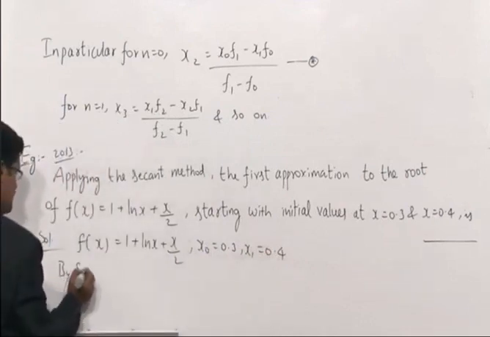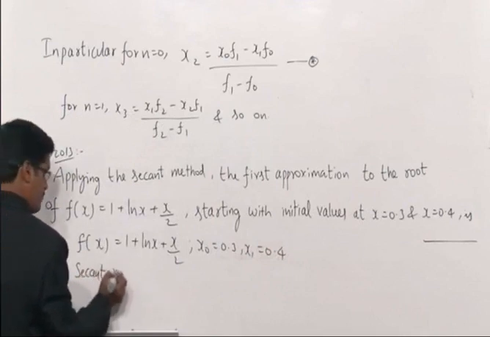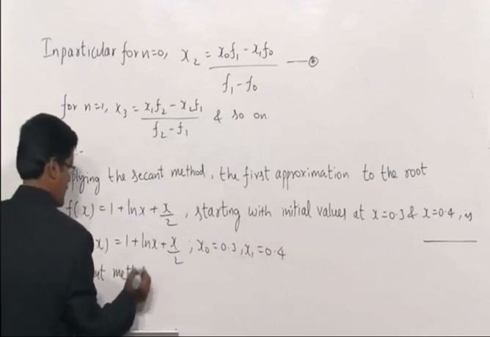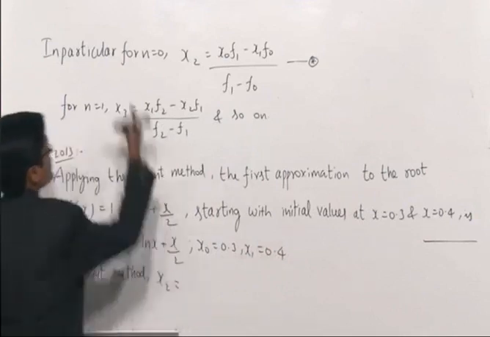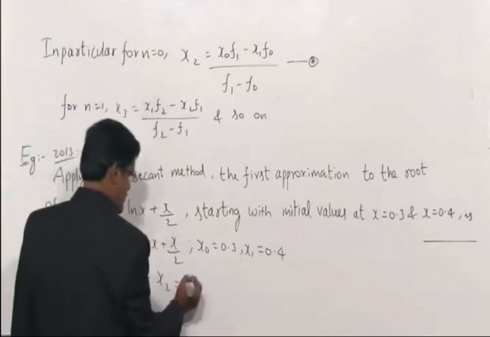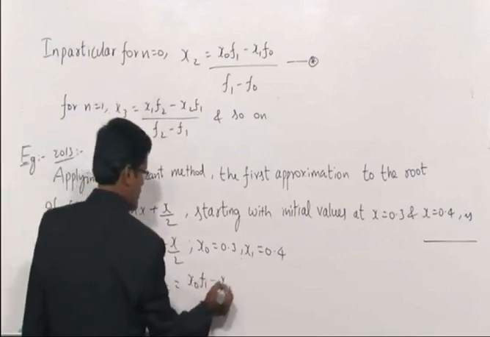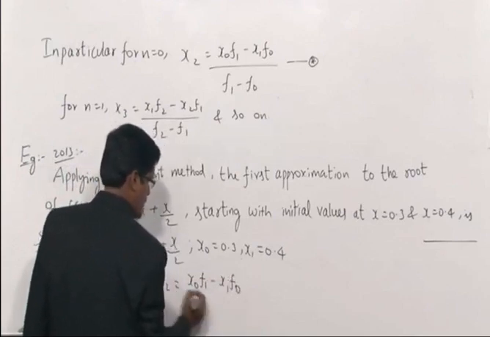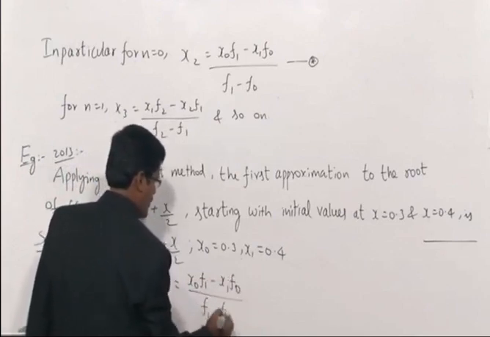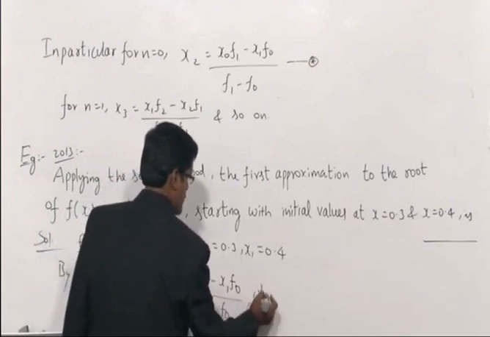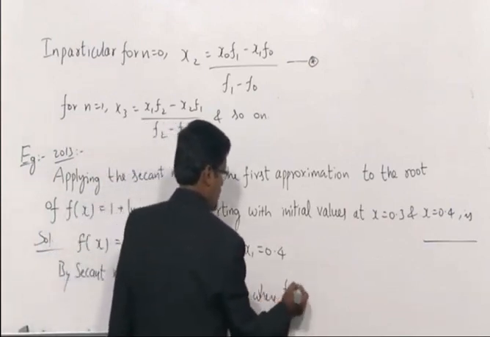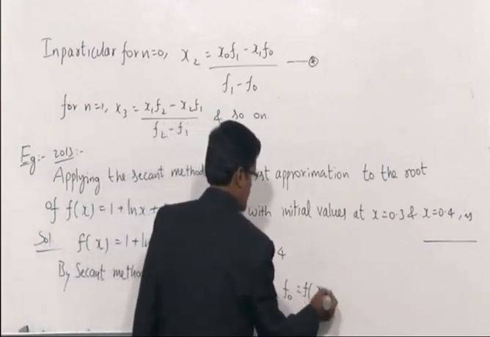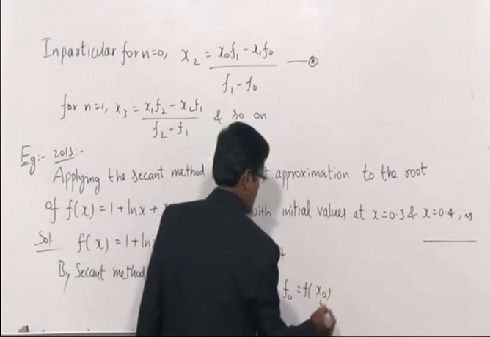By the secant method, what is the x2 formula? I have written it there: x2 = (x0 f1 - x1 f0) / (f1 - f0), where f0 is f(x0). What is x0? 0.3.